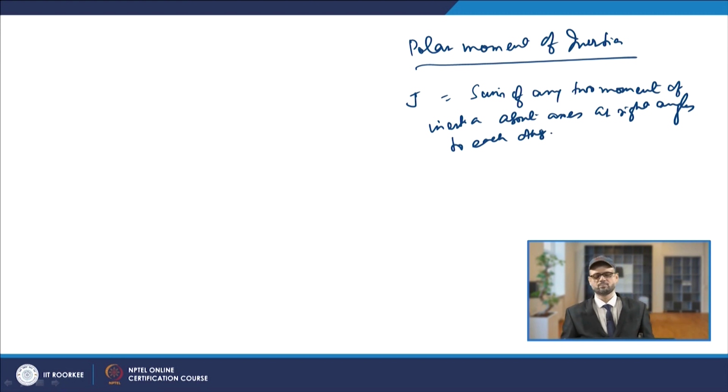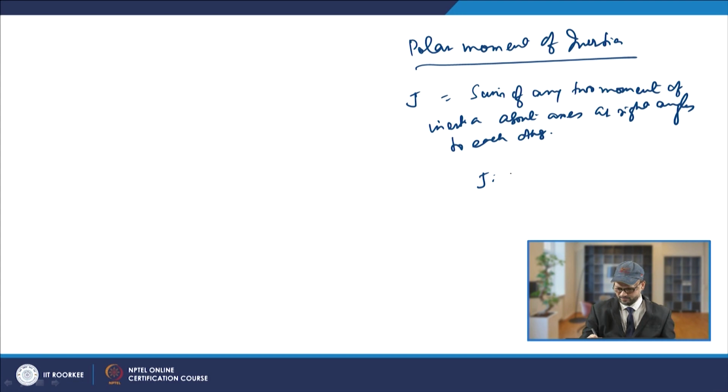You will have the polar moment of inertia taken about an axis which is perpendicular to the plane of the other two axes. In that case J will be I_x plus I_y. That way you find the polar moment of inertia.